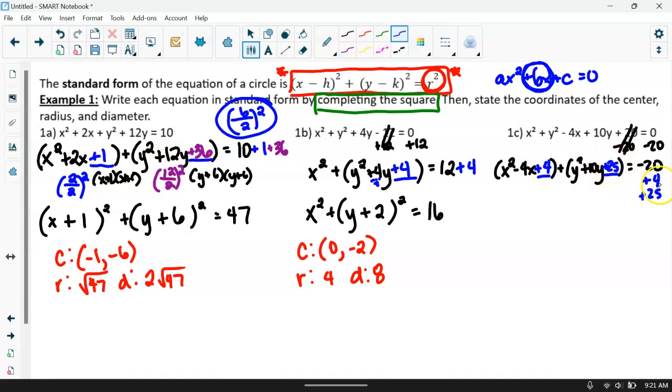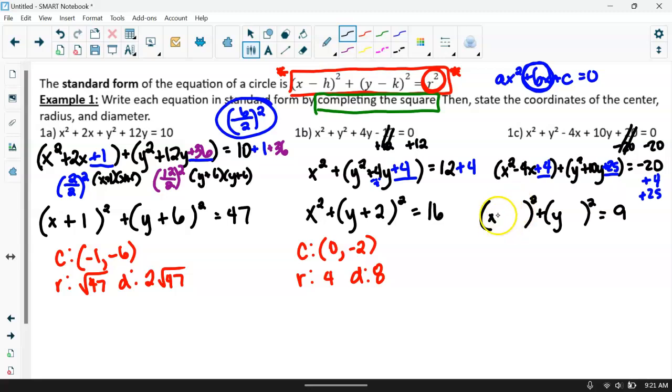So add 25 here. Now let's go ahead and complete our square. Remember, in the end, we're trying to get to our standard form of our circle equation. And now notice this is -20 plus 29, which is, there goes my pen again, sorry, equals 9.